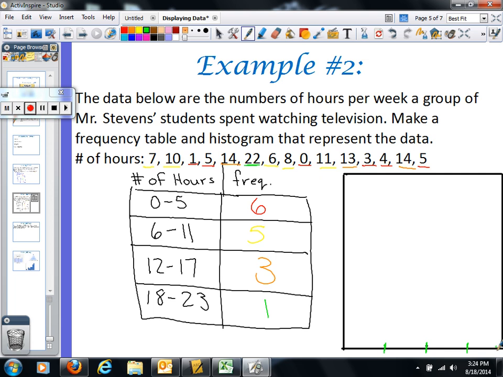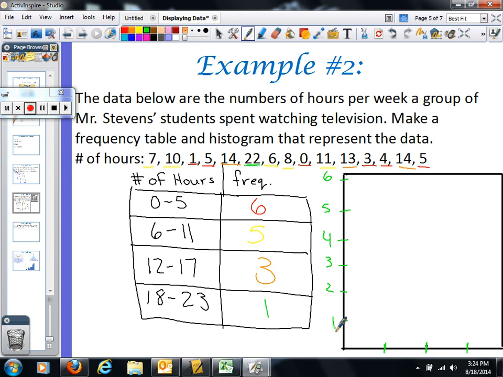And what we're going to do now is you're going to do your frequency. Okay? So I have 1, 2, 3, 4, 5, 6. 6 was my highest. So, for my histogram, very simply, you are going to make a rectangle.